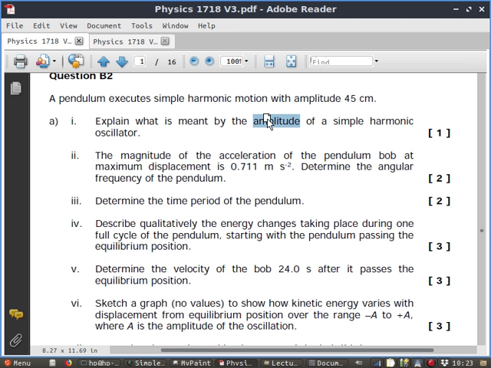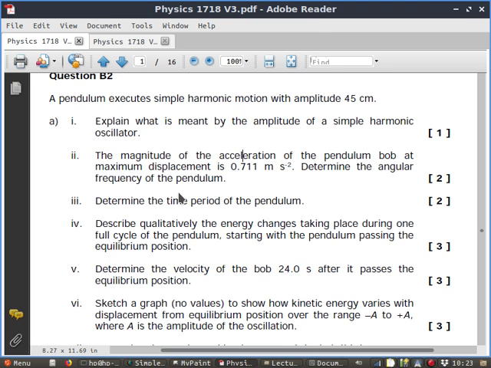But a simpler answer is amplitude is the maximum displacement. Okay. The magnitude, so the acceleration is this number here, and they want the angular frequency, that's the f.